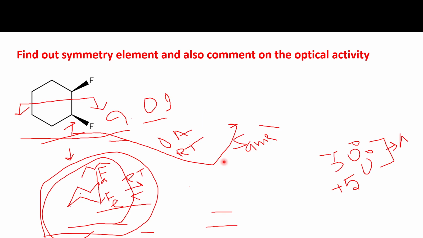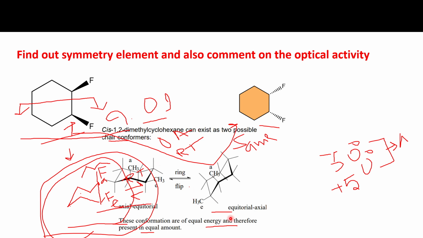And we talk about cyclohexane molecules. So cis-1,2-dimethylcyclohexane, both fluorines are up or both fluorines are down, so they have the same conformations. When you convert into the chair conformations, they are optically active, but they are not resolvable.